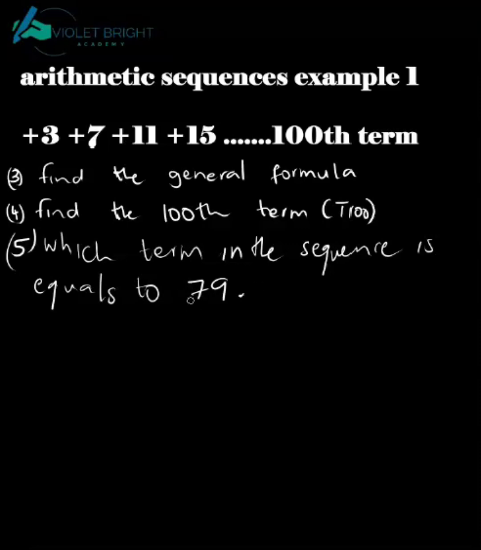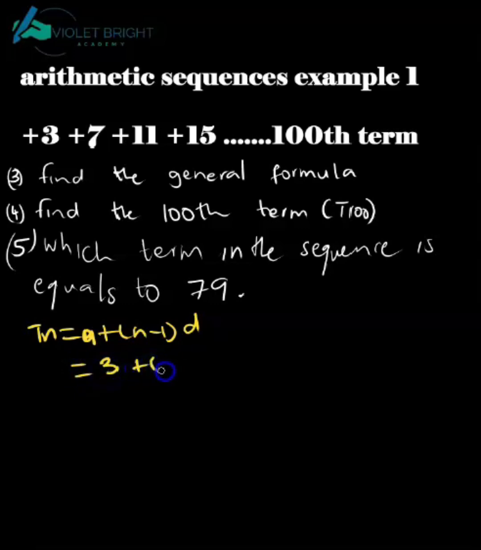So find the general formula of the sequence. General formula is more or less like the general term. So we knew from the previous questions that A is equal to 3 and our constant term is equal to 4.